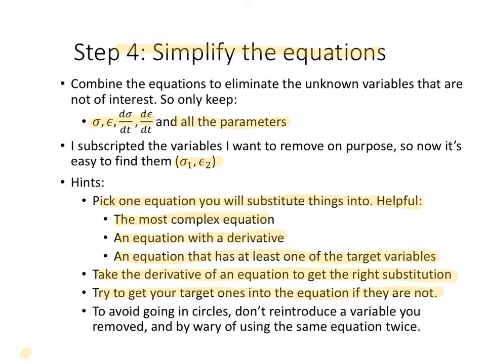But try not to reintroduce a subscripted variable that you already removed. A lot of times this means you should be wary of using the same equation twice, unless you're using it to remove the thing showing up multiple times at the beginning. But you don't want to use it in the reverse order, to switch something back and forth. You'll go in circles.